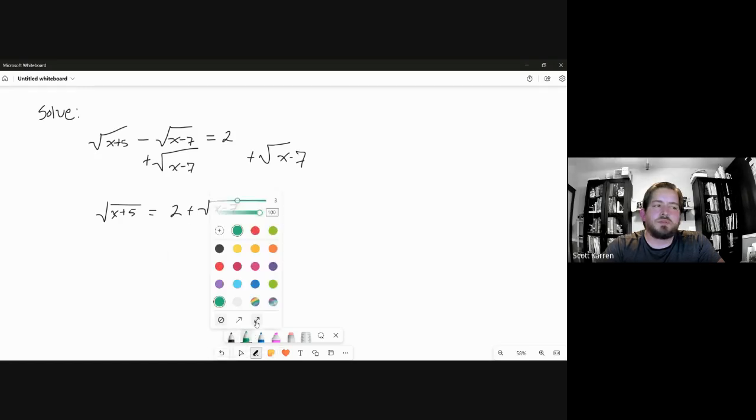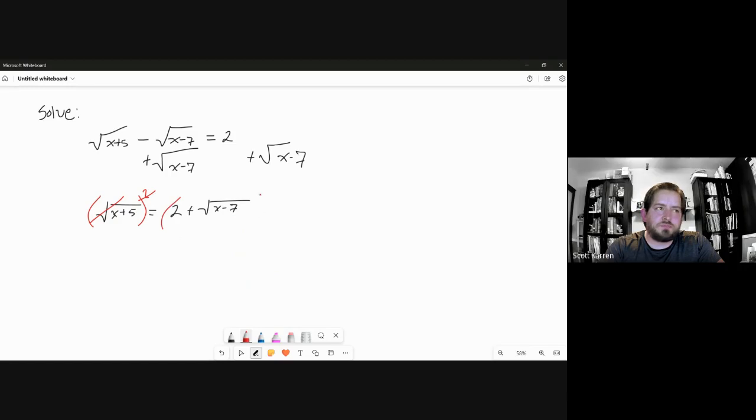And I'll square both sides, because if I square both sides, I'm freeing up this square root; it gets canceled out. But on the other side here, I have a binomial, really. I have the 2 plus the square root expression all squared. So what I've really done is turned this into x plus 5 is equal to that 2 plus the square root of x minus 7 multiplied by another 2 plus the square root of x minus 7. And I'm going to FOIL this together.